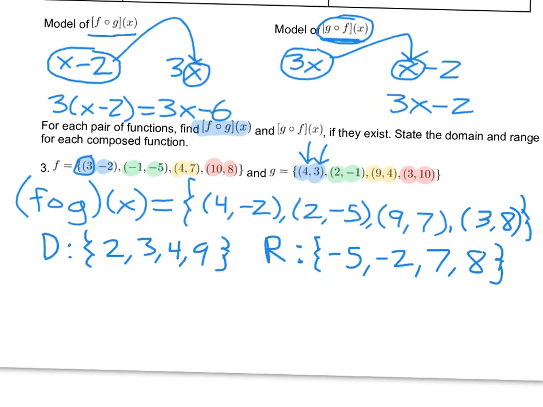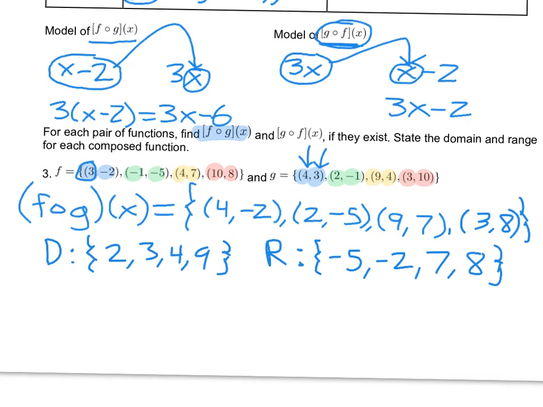Alright, now we need to find g compose f. So g and then the circle means g compose f of x. Okay, so we look at the first coordinate in f.